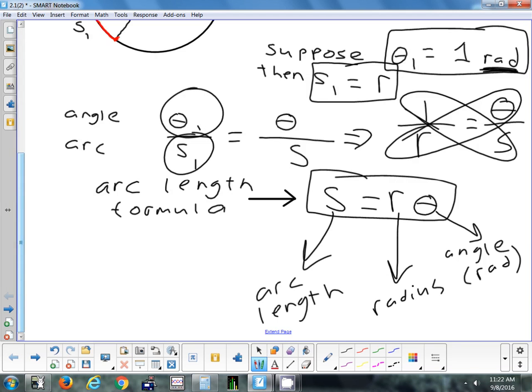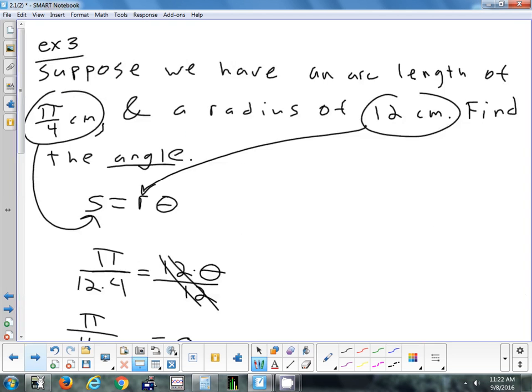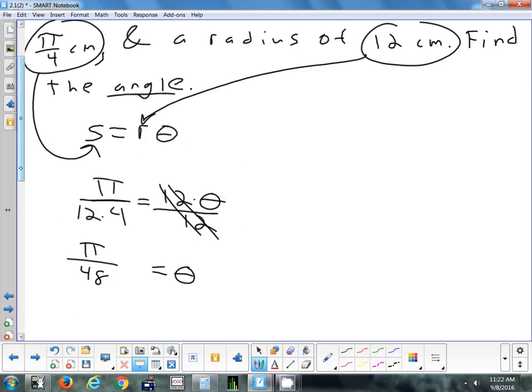Okay, angles are always in radians. Wouldn't make sense to have centimeters because you don't measure an angle in centimeters. You measure an angle in degrees or radians. That's it. So should I put RAD? No. Okay, I don't need to.